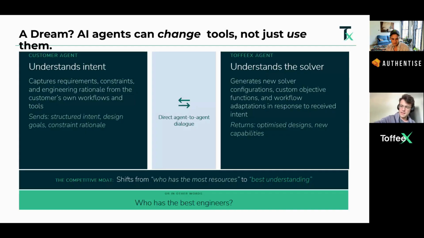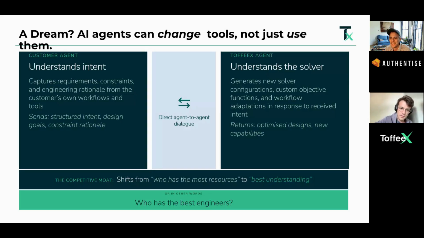Again, one of the advantages of agentic AI is they can also write code, right? So you can imagine a world where it's not enough that an agent captures intent and automatically launches a simulation or a design process. It can also write new tools which can answer the questions posed in that design process.